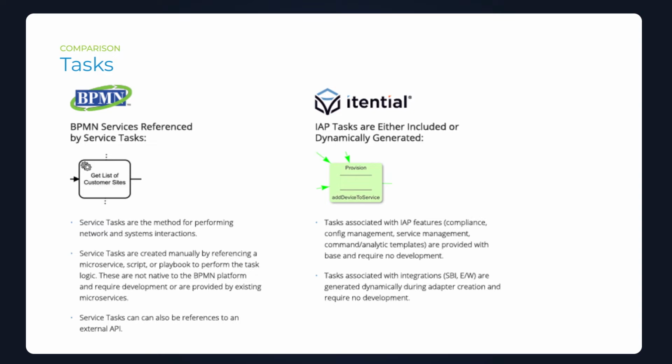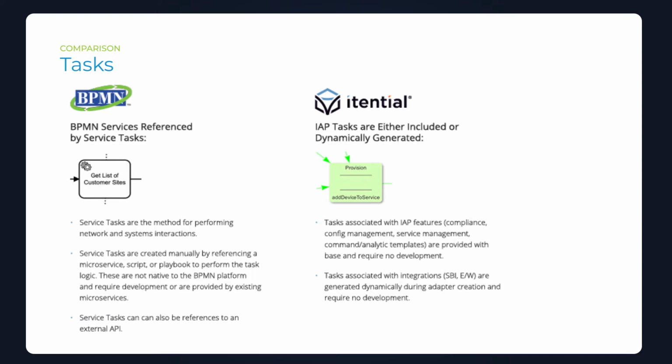In the BPMN world, a service task is typically created manually. Either somebody creates a microservice or requests an existing microservice, or they create a script, or they execute a playbook that performs the task logic.